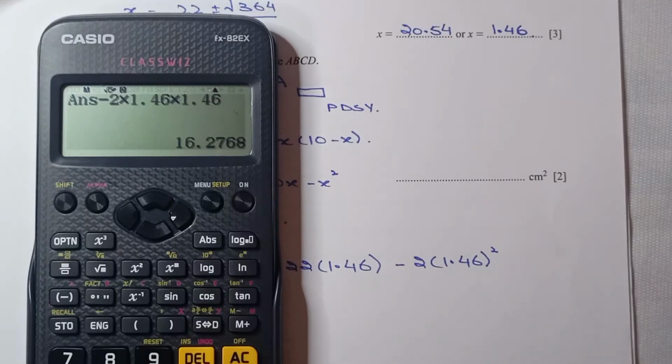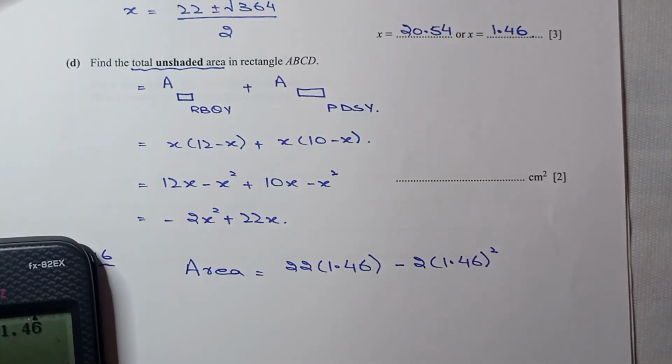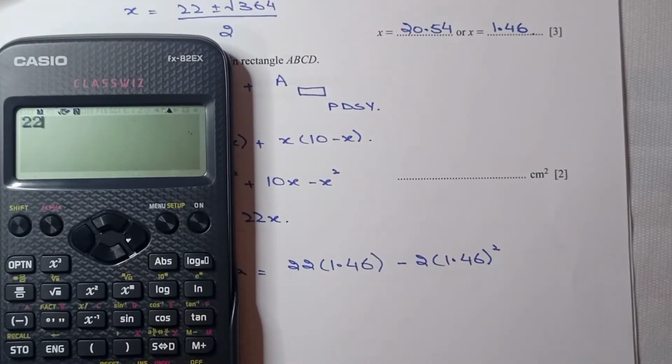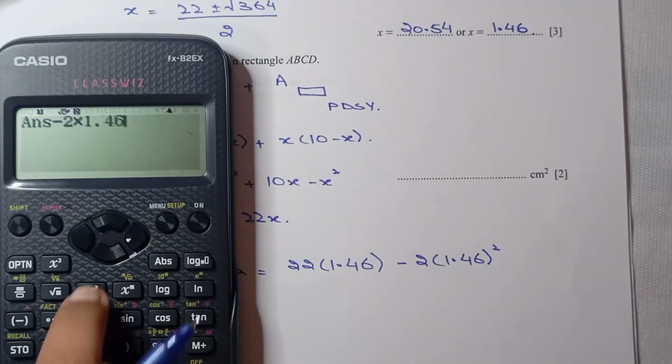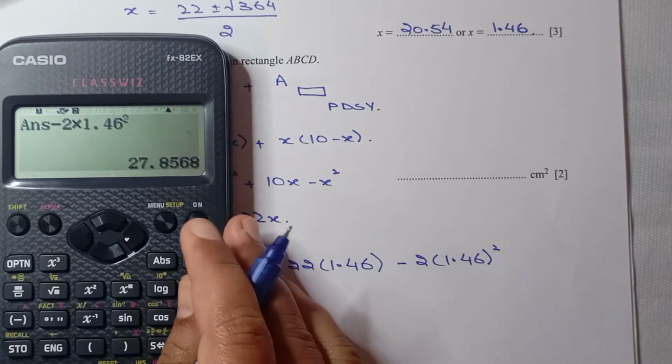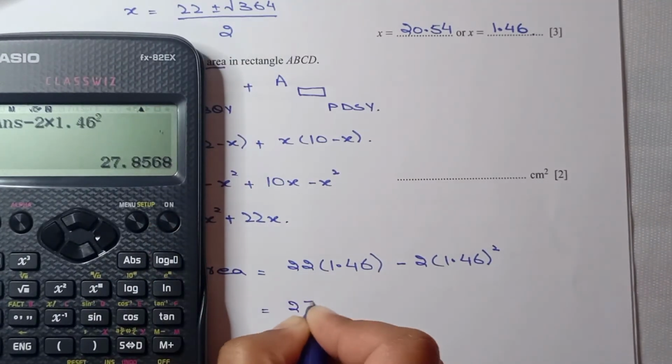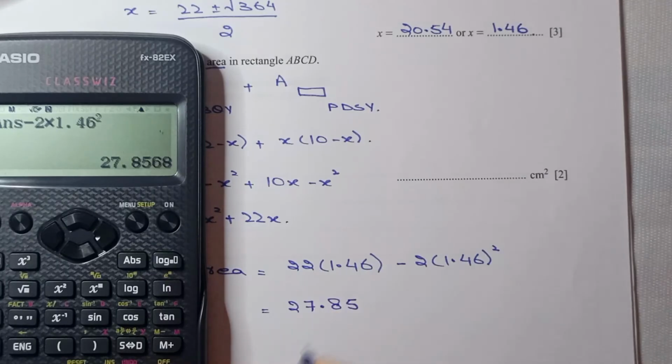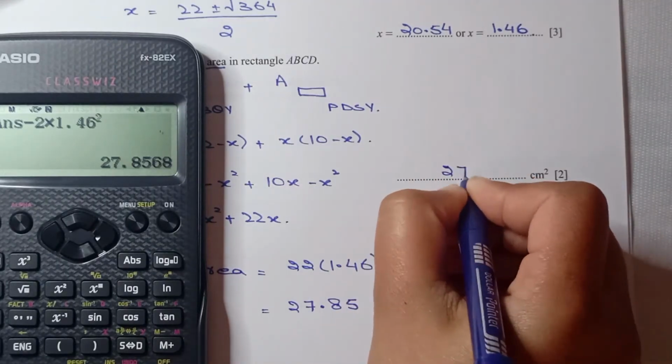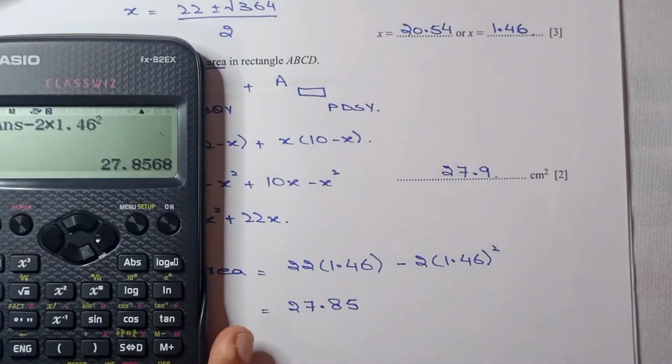This would be 16.27. Okay, 22 times 1.46 minus 2 times 1.46 square would be 27.85, or we can say 27.9 centimeters square would be the unshaded area.